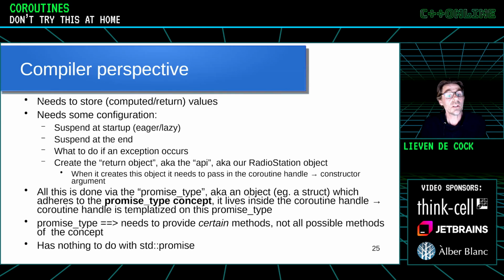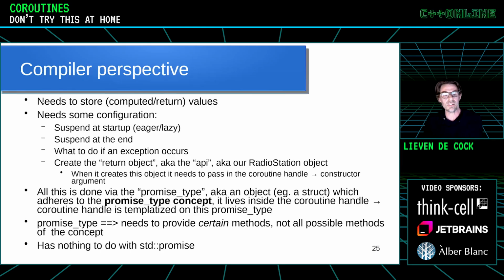We have seen the feature of a coroutine. Should it start eager or lazy? That's a configuration aspect of the coroutine. The coroutine has many configuration aspects. We can say it should suspend at startup, meaning it's going to be lazy. We can also configure how it should behave at the end.